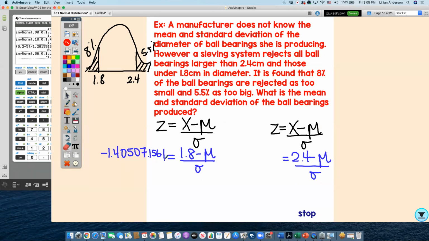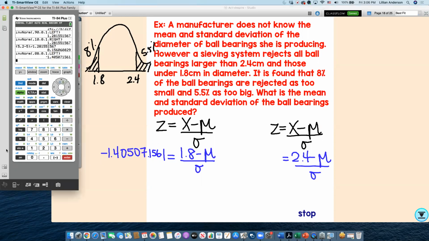Perfect. Now let's find my Z-score for 2.4. Now, for those who do not have the tail feature, you're not going to be able to plug in 0.055. You'll have to do the complement. So remember, your calculator can only do area that's to the left of that X value.